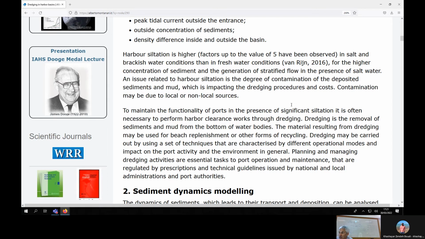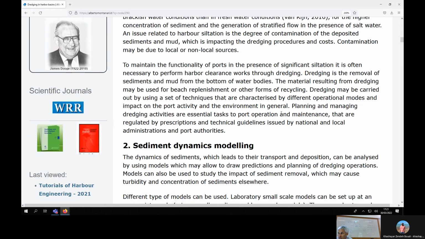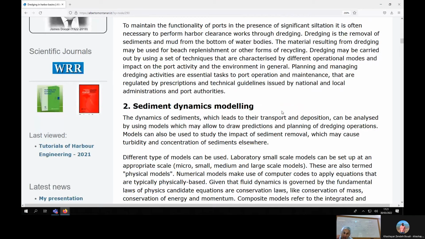And this is the main question, which implies some sediment dynamics modeling, of course, an understanding of how sediment dynamics is evolving and how it is influenced by the presence of the harbor, the coastal protections, the dredging operation, and the ship traffic.